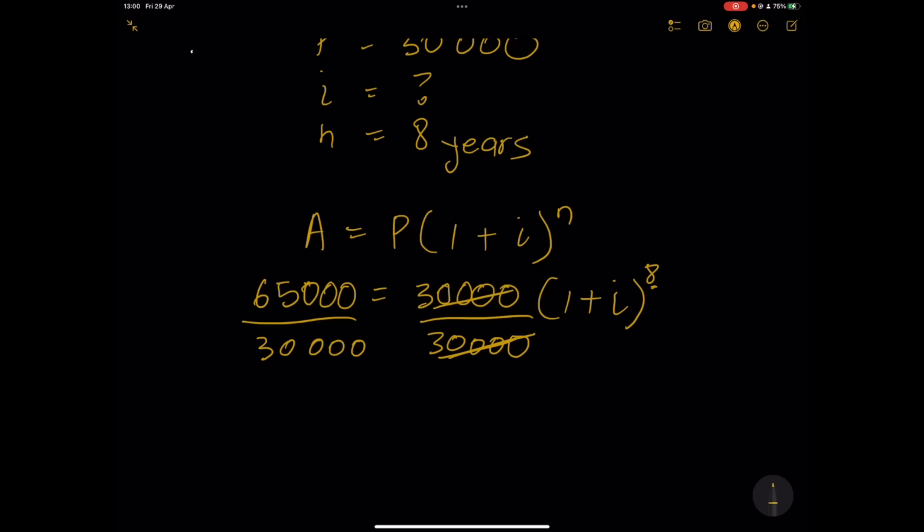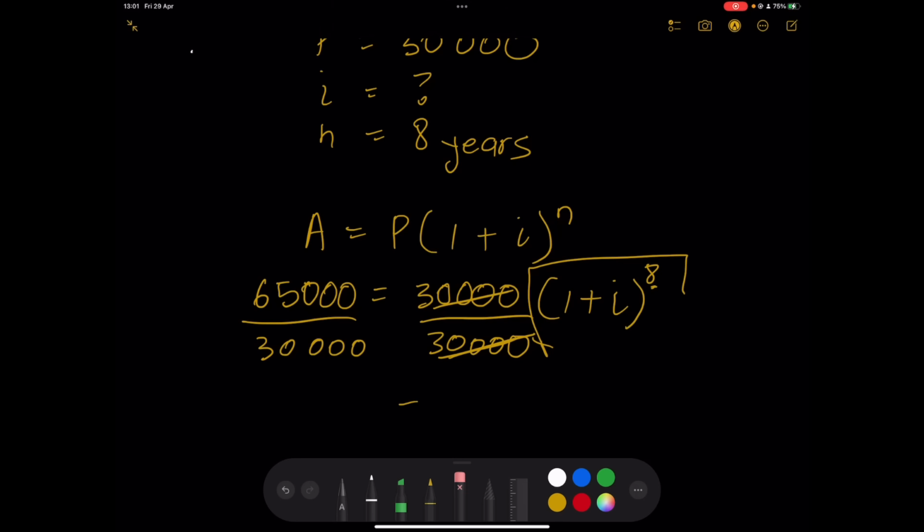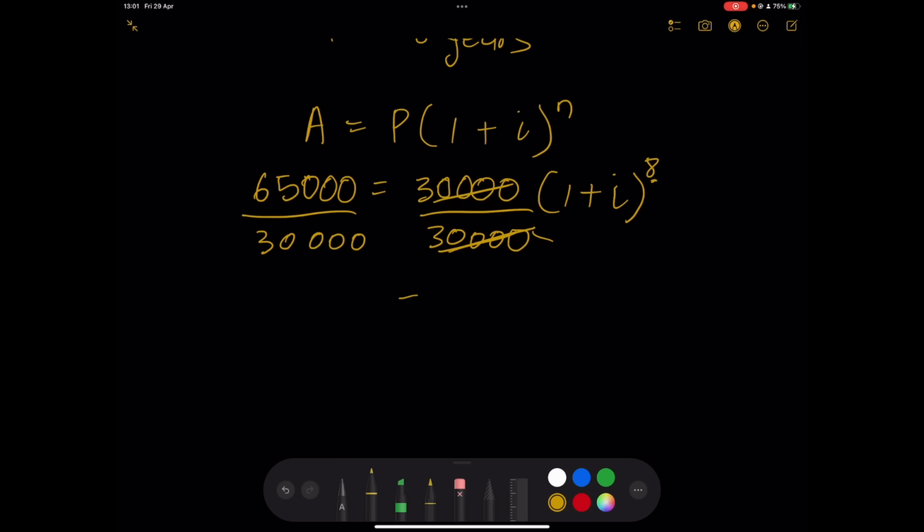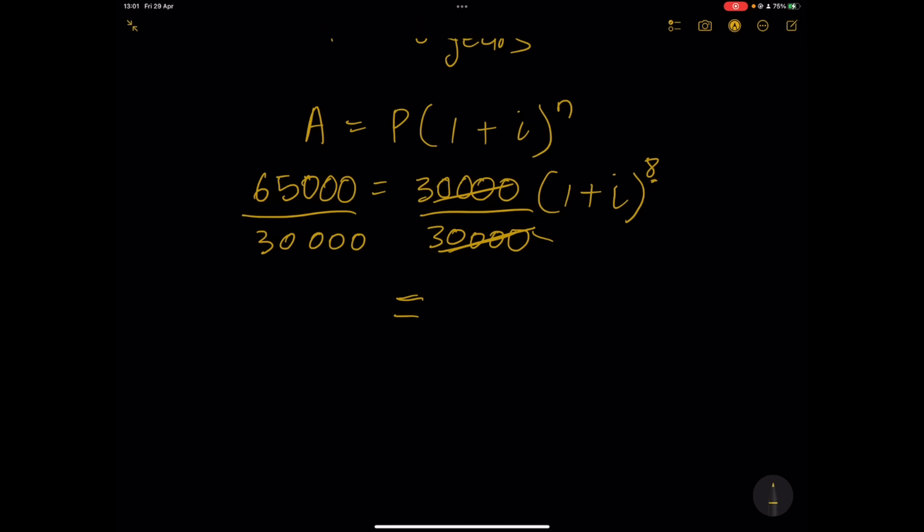So what do we need to do to remove that exponent? It means we must take the 8th root. Okay, so you're going to go into your calculator and look for the 8th root. So in this case, what we have there, we've got 65 over 30 is equal to 1 plus I to the power 8.